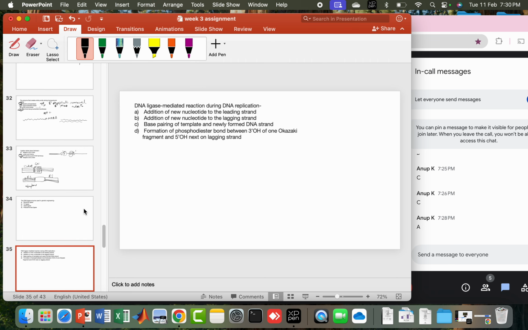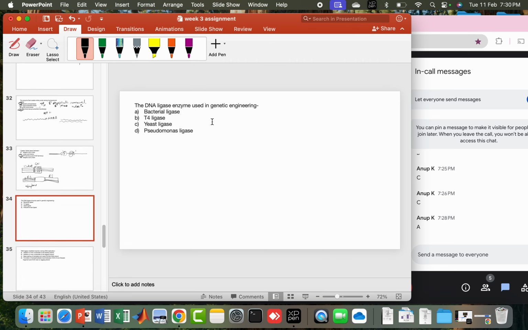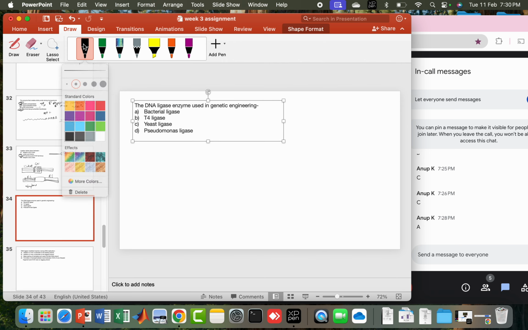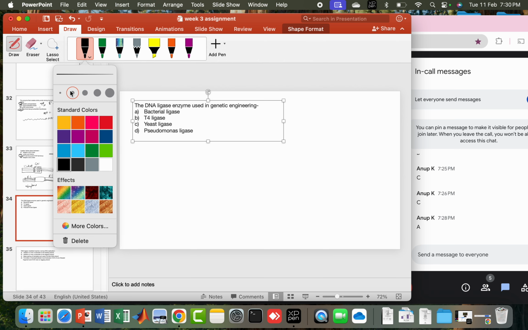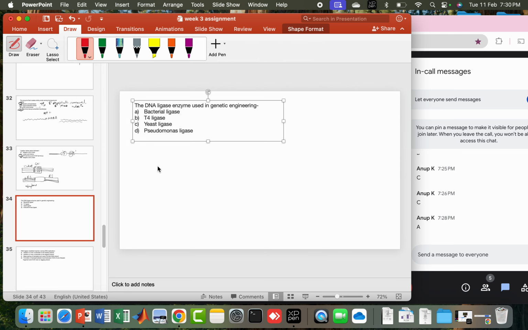Which DNA ligase enzyme is used in genetic engineering? In genetic engineering we generally use T4 DNA ligase. So the correct answer is T4 DNA ligase.